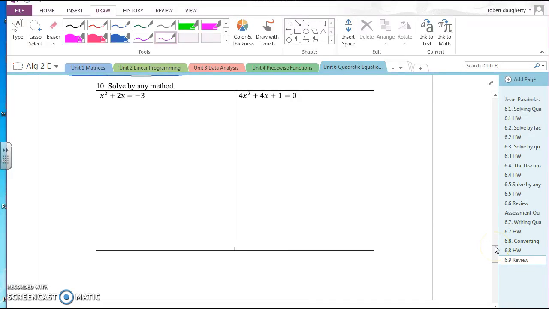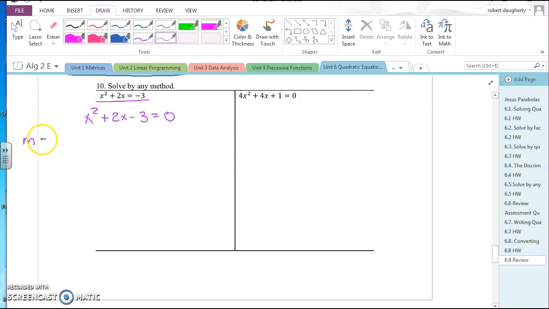Solve by any method. So you're more likely to see a lot more "solve by any method" than me spelling out the method, because at this point you should know the difference. So let's look at this. x squared plus 2x minus 3 equals 0. Are there numbers that multiply to negative 3 and add to positive 2?